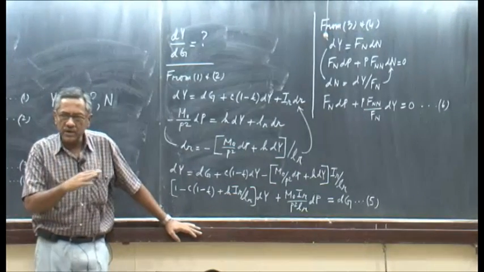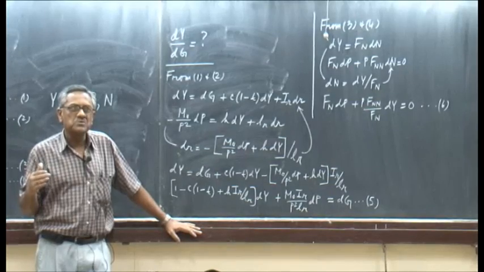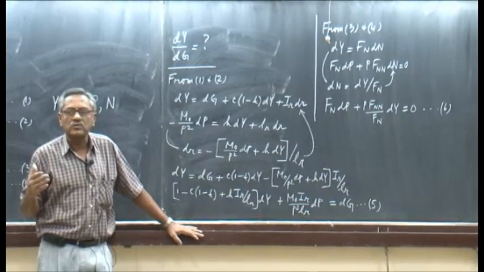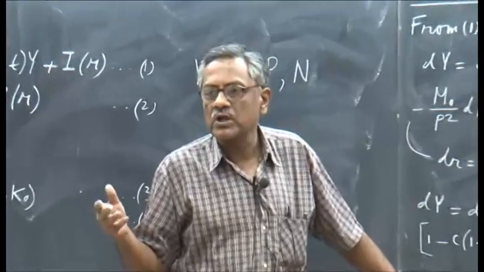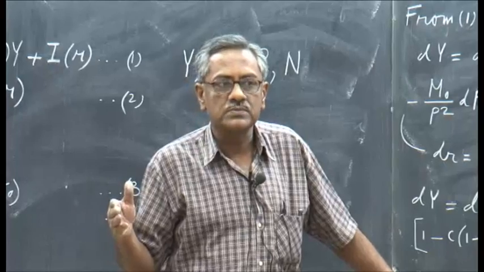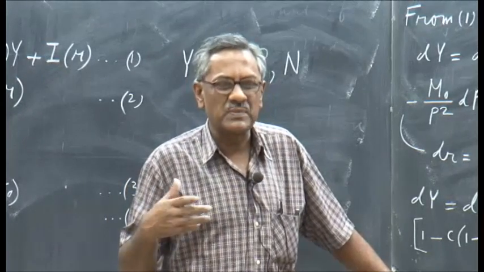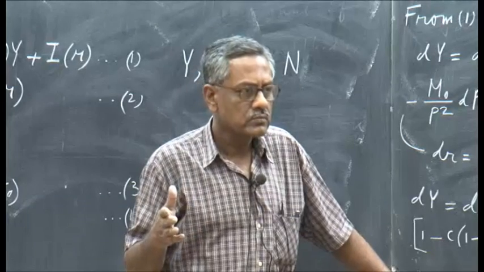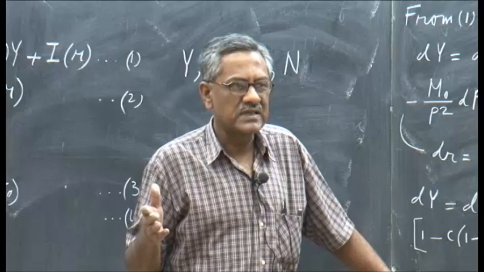Now copy it down. From now onwards I would be using matrix algebra to solve, because the next few topics, at least one topic, would require a lot of matrix algebra, Cramer's rule, to get the multipliers. Instead of through substitution, it gets messy. Use Cramer's rule, matrices, set them up.